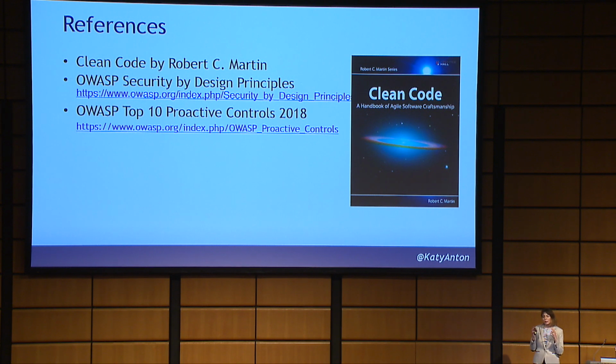This will help you to have a good understanding of software design patterns when you implement them into your own software. But then have a look at security by design to start learning about the security principles as well, and try to bring those together, the software design patterns and the security design principles.